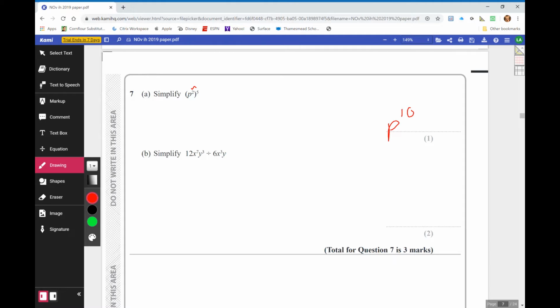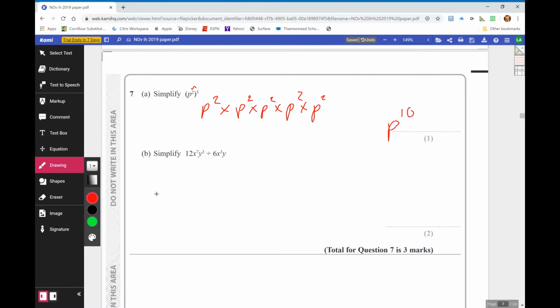Now the reason why is that p squared, you're actually timesing that 5 times, because that's what that means. You're doing the same thing 5 times. And if you think about the multiplication rule, it's adding 2, 4, 6, 8, 10. So that's just an extension of that one. And that's why it's p to the value of 10.